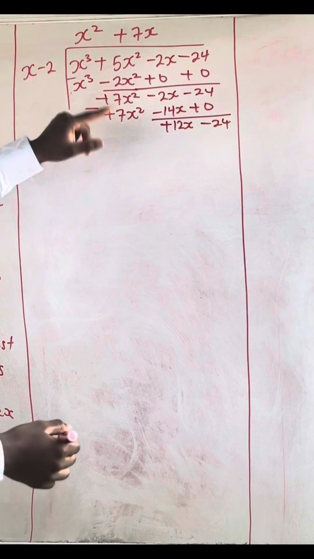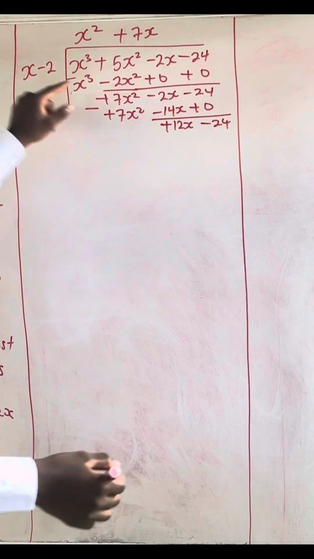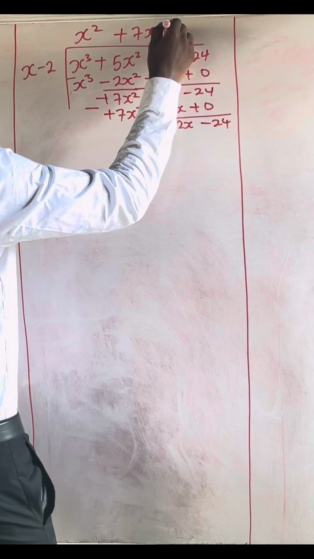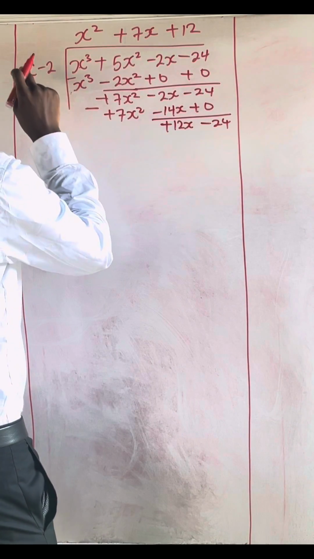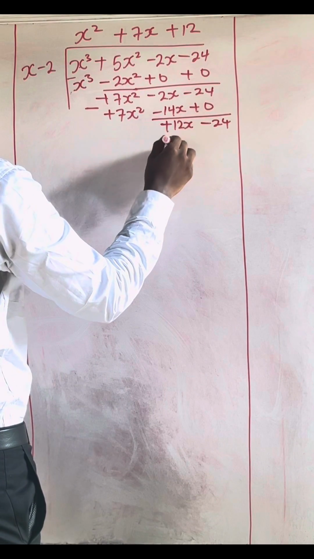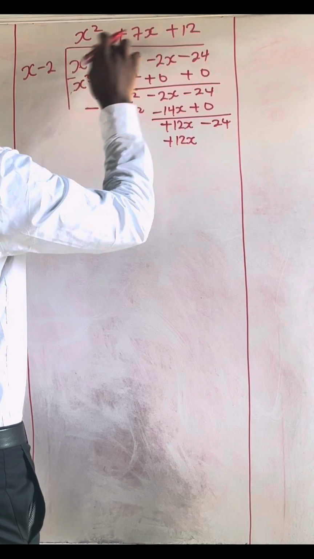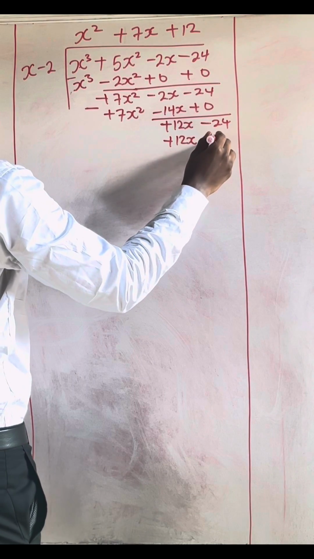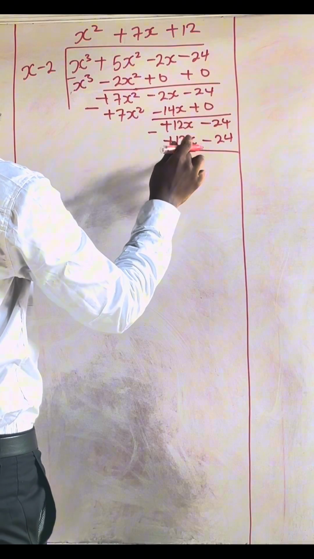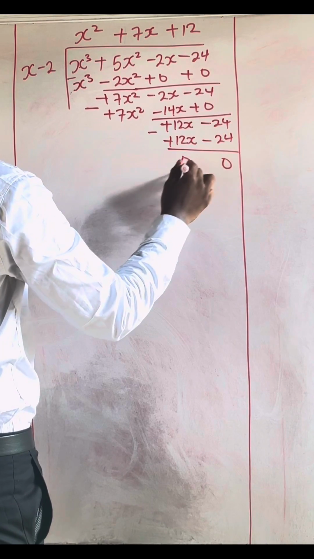I'm going to repeat the process till I don't have x again. So I'm going to remove x from this 12x. If I remove x from 12x, it remains plus 12. So 12 times x is plus 12x, and 12 times minus 2 is minus 24. Then I'm going to subtract. So this will give me 0, and this will also give me 0.